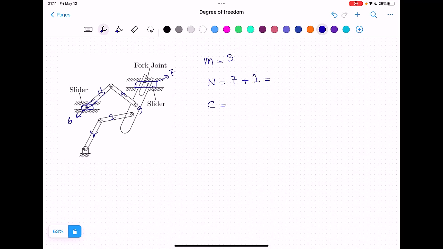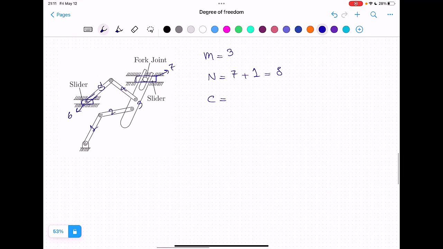So the number of links is equal to 8. And in the next step, for identifying the number of constraints, we should recognize the type of our joints, and then the number of constraints.